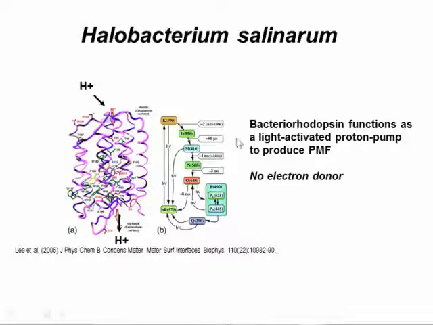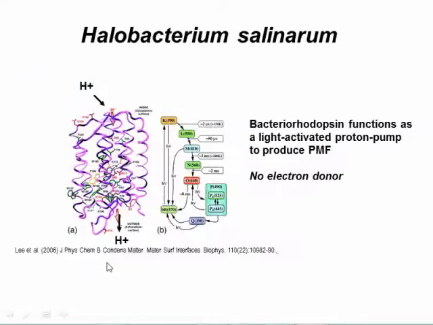What happens here? It's a 7 transmembrane helix protein. It's in the plasma membrane. So this is the cytosolic side, this is the periplasmic side. When light hits the photoreactive center here, bacteriorhodopsin, then this will cause the whole protein to pump a proton across the membrane.